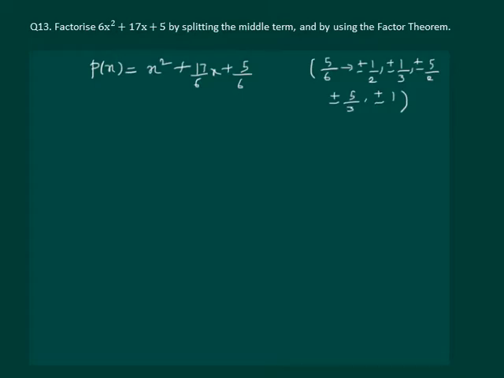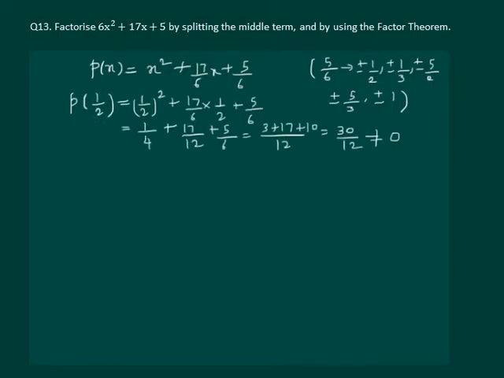Now by trial method, we find the value of P of half. On substituting the values and solving, we find that P of x for x equal to half is not equal to 0. So let us move on to next number. Let us find P of 1 by 3.